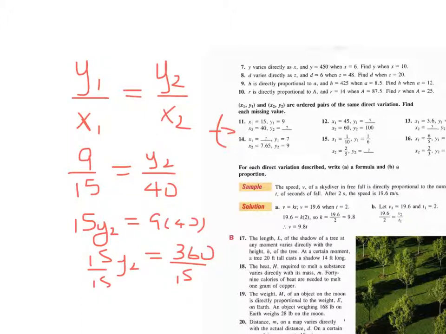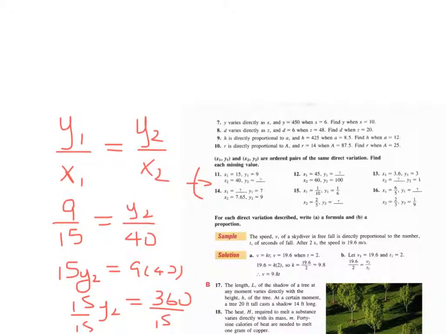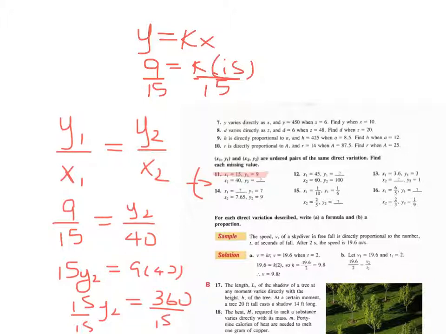The other way to do these problems is to take this top information, plug it into the y equals kx, and find the k first. So for example, you could do 9 equals k times 15, divide by 15. Your k is equal to, divide both by 3, and this becomes k is 3/5.